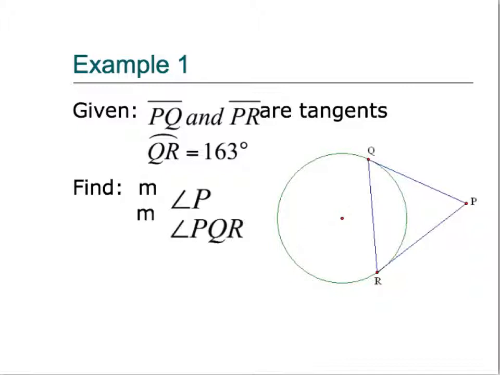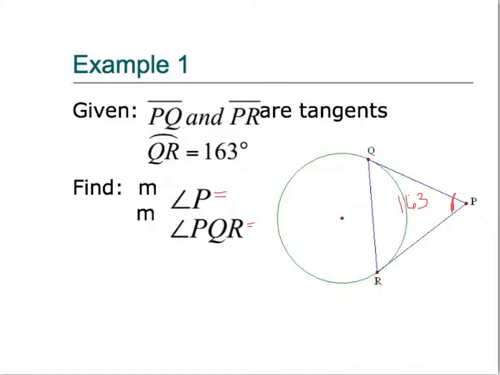Given PQ and PR are tangents, okay? And I also know that arc QR is 163 degrees. They're asking me to find the measure of angle P and the measure of angle PQR. Now if I check out angle P here, I realize that it's a tangent-tangent angle, and I know that its intercepted arc and that angle are supplementary.